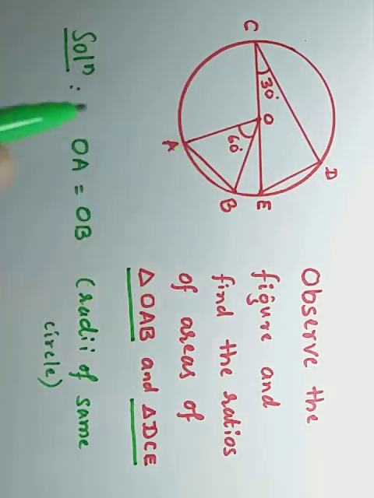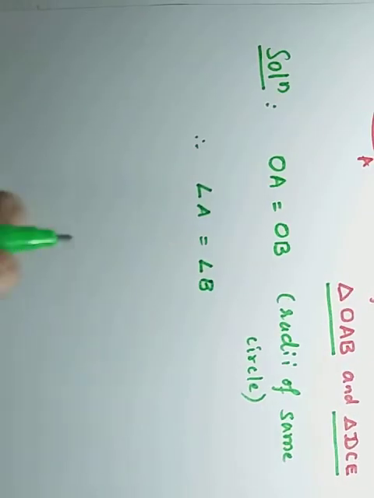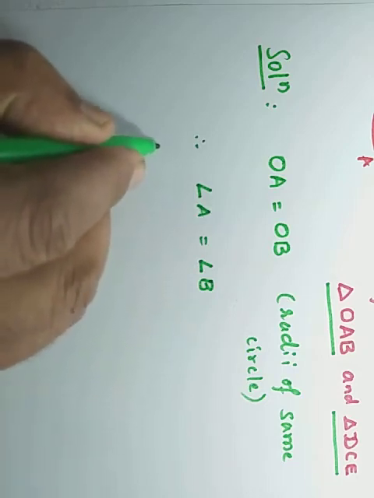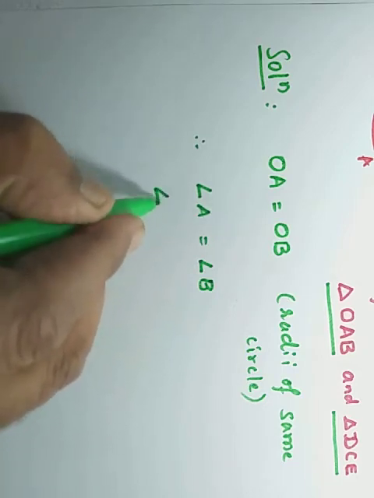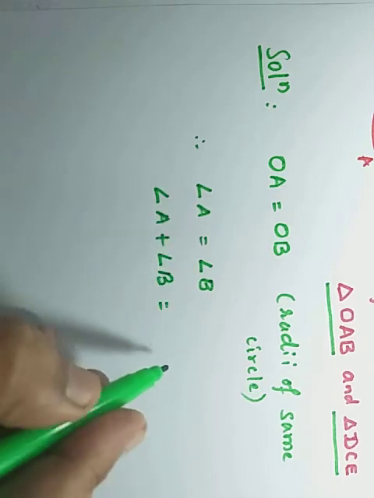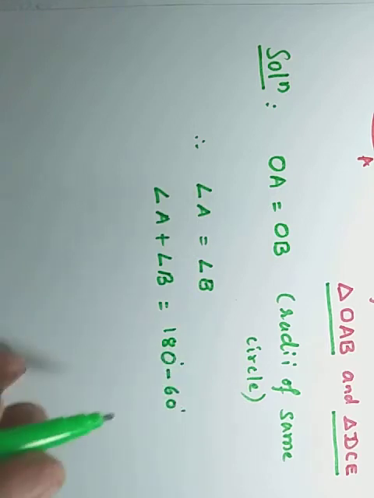That is, angle A is equal to angle B. Hence, we say that angle A plus angle A, that is angle B, is equal to 180 degrees minus 60 degrees.